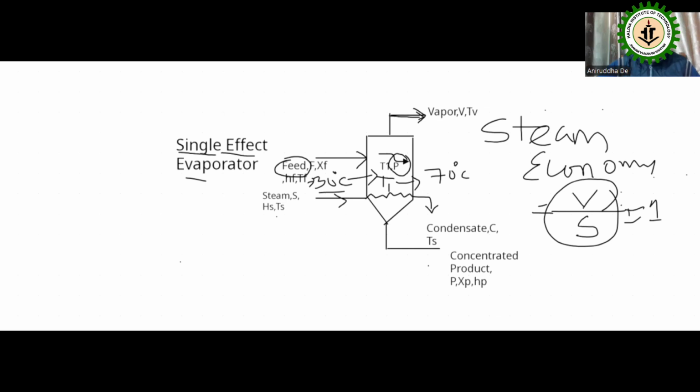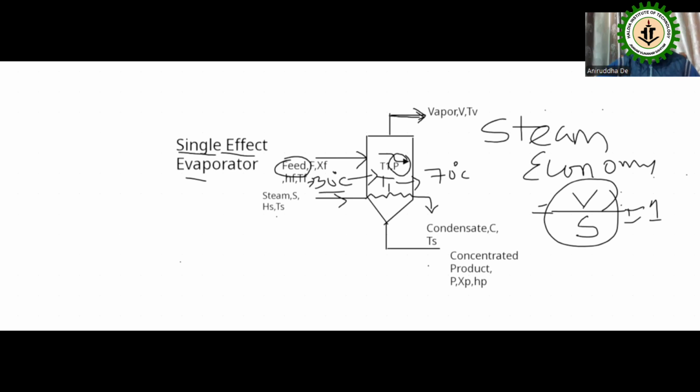This is why different types of evaporators are used, double effect and triple effect, which can improve the steam economy. Steam economy can be improved by the multiple effect evaporator.